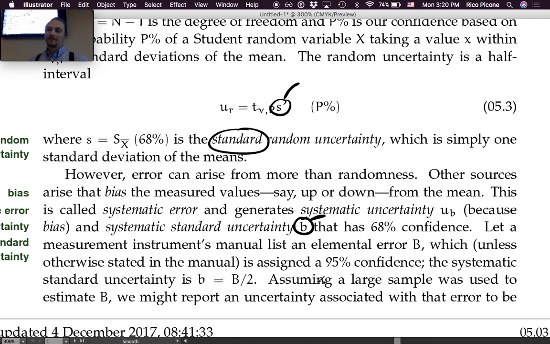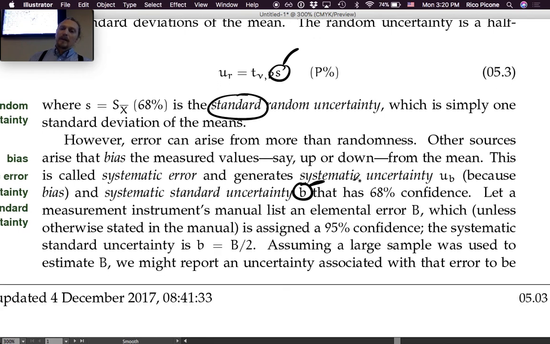So the systematic uncertainty then is B over 2, since 95% corresponds to 2 standard deviations of a Gaussian, and 68% corresponds to 1 standard deviation of a Gaussian.